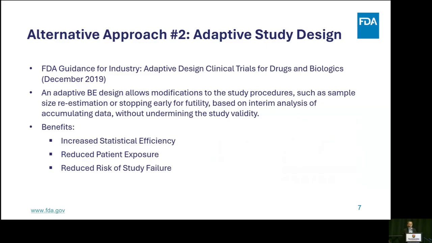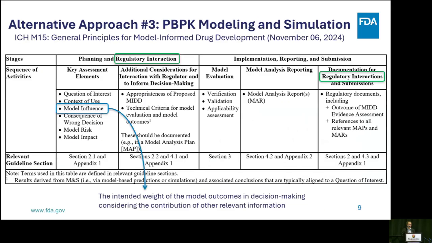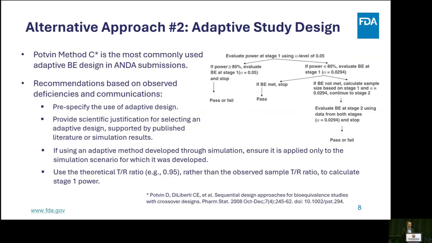Second one is adaptive design. We also see an increasing number of studies with this adaptive design, and it has a lot of benefits. It can increase statistical efficiency, reduce patient exposure, and also reduce risk of study failure. The Potvin method C is the most commonly used adaptive BE design in our submissions.